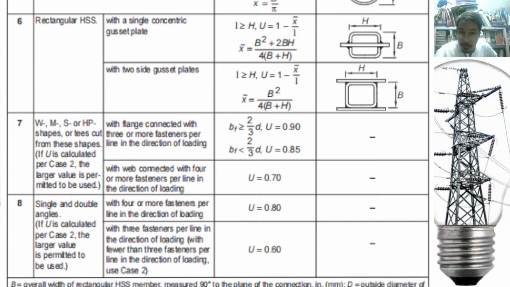We have to do the effective area. Use the higher one. So 0.8 and 0.82, use 0.82. So 0.82 times 4.